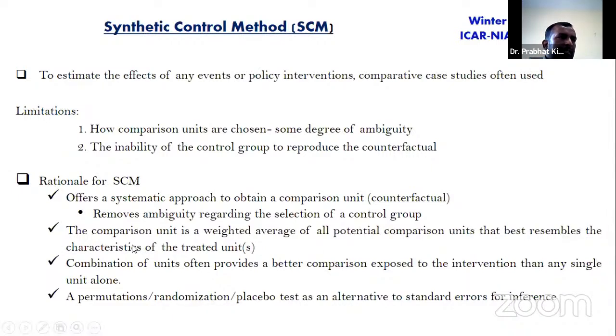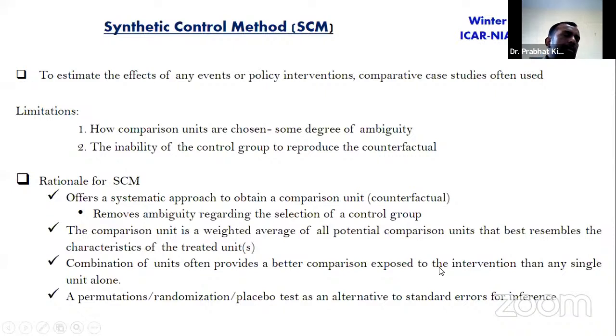So the comparison unit is a weighted average of all the potential units. Instead of taking one unit and comparing it, it's better to have many units and give weights based on the similar characteristics which resemble Punjab. You will be convinced that this is better.